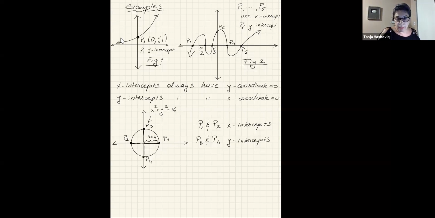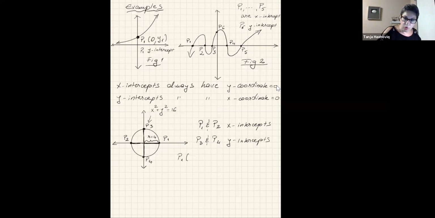Since P1 and P2 lie along the x-axis and they are 4 units away from 0 horizontally, one to the right of 0 and one to the left, but the same distance from 0, that is 4 units. The coordinates of point P1: keep in mind, an x-intercept has y-coordinate 0.